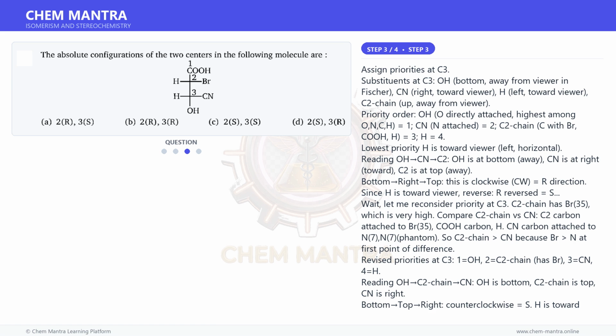Revised priorities at C3: 1 is O, 2 is C2 chain, which has Br, 3 is Cn, 4 is H. Reading O, C2 chain, Cn: O is bottom, C2 chain is top, Cn is right. Bottom, top, right, counterclockwise is S. H is toward viewer, so reverse: S reversed is R. So C3 is R.